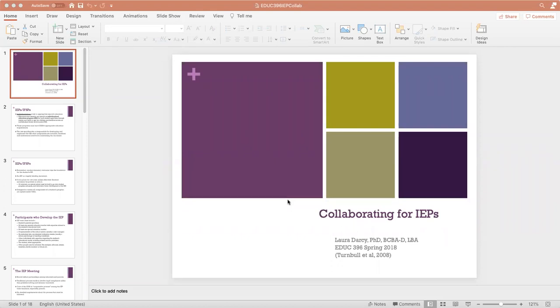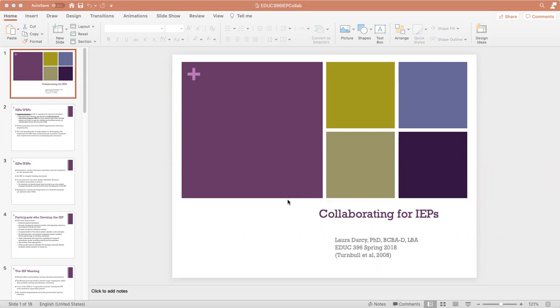So we're really going to be focusing just on the collaboration component. For those that took 392 already, this should be filling in one more piece of the pie. For those that have not taken it yet, keep this information in mind as you go into taking 392 in either this summer or next fall.